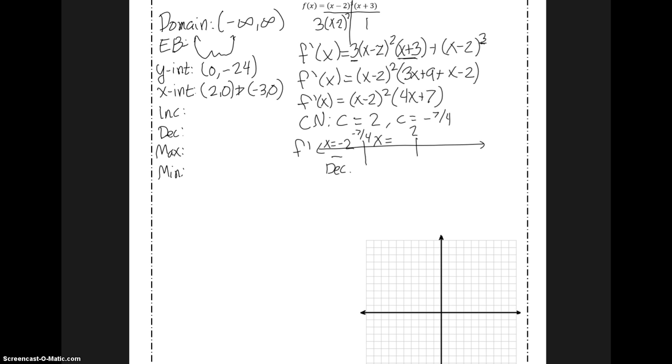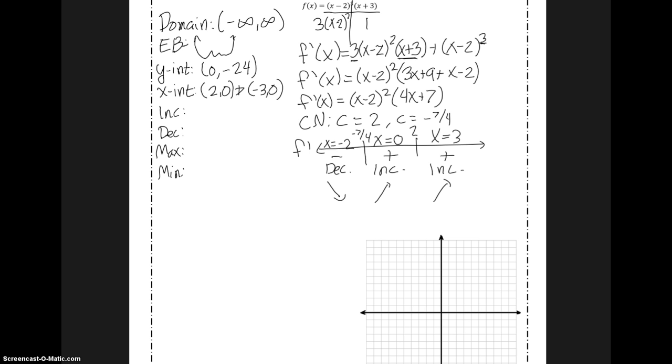In the next interval, if I plug in x equals 0, I get a positive, which means my function is increasing. And then in the last interval, if I plug in 3, I get a positive, which means my function is increasing. So we are decreasing, then increasing, and then increasing some more.